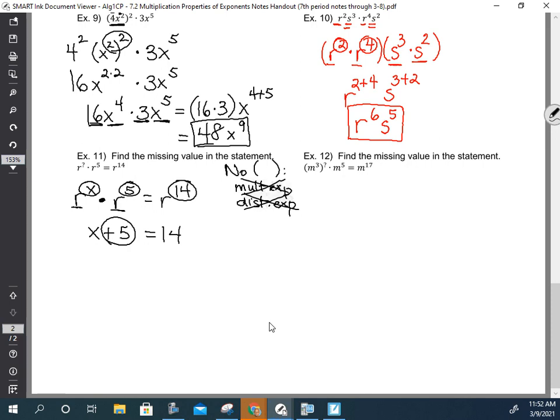How do you get rid of that 5? Oh, minus. I mean, you get 9, so 9 is the answer, but that's how you would solve the problem. So that's it, problem's over.